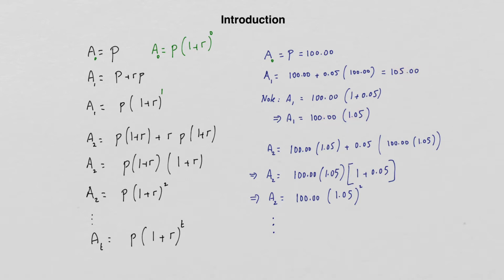So after 2 years, or at the end of your second year, you should have what you started with plus 5% of what you actually started with, right? Just like here, the principal was 100 plus 5% of the 100. Now I have this amount, so it's this amount plus the interest, which is 5% of the amount.